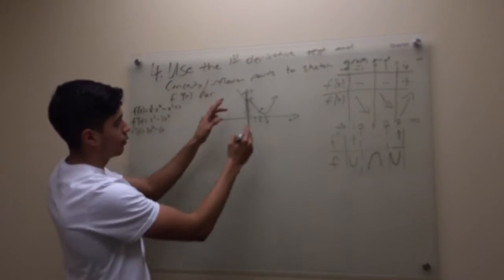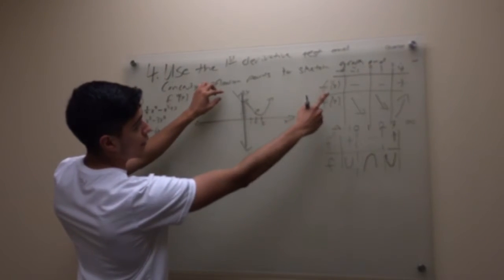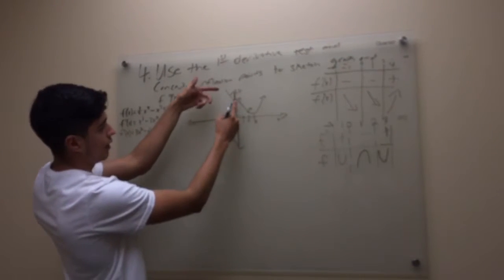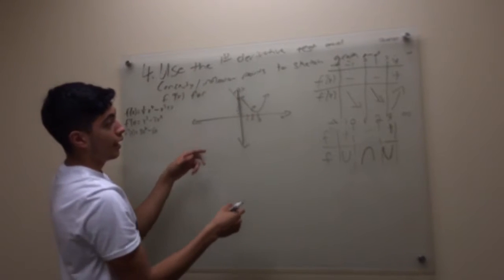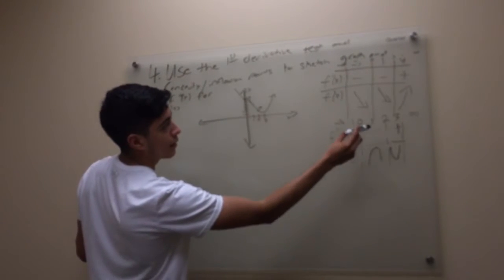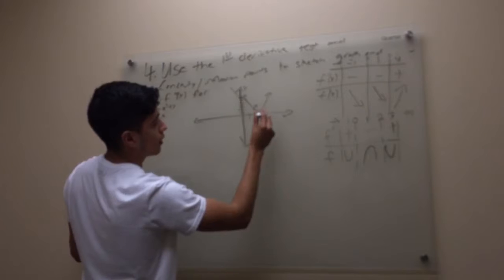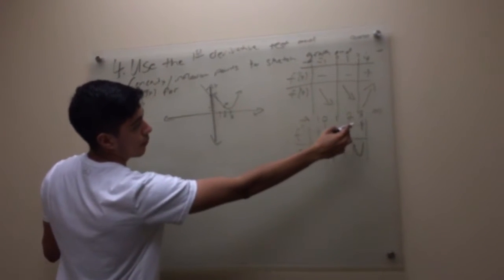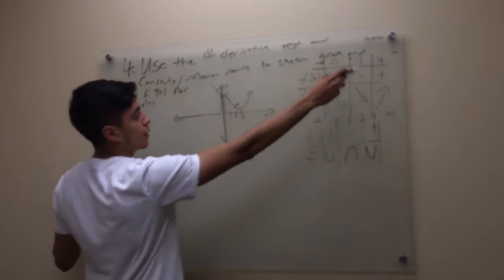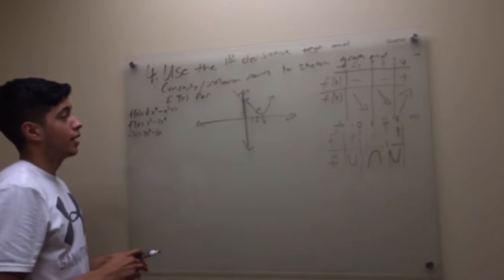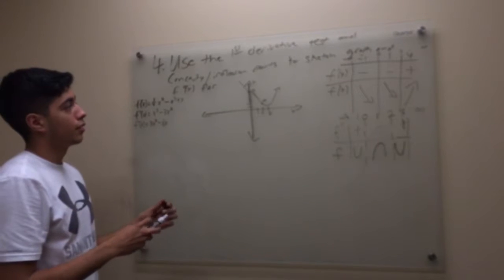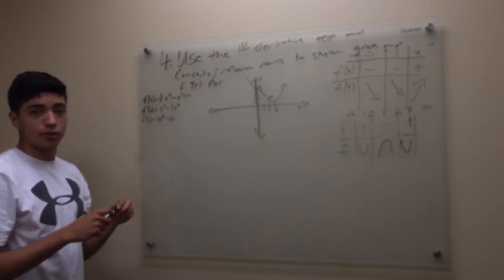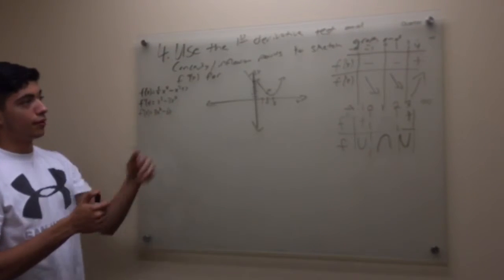Also, backtrack a little bit: from negative infinity to 0, it's concave up. And then at 3, it changes direction and increases to infinity and beyond. And that is how the graph of f of x looks with the help of the first and second derivative tests.